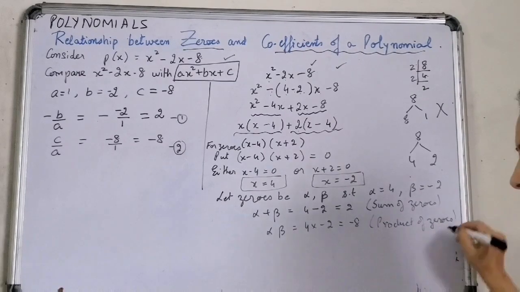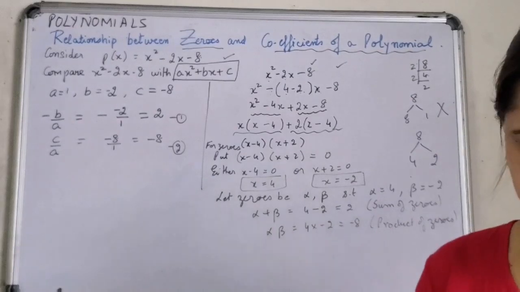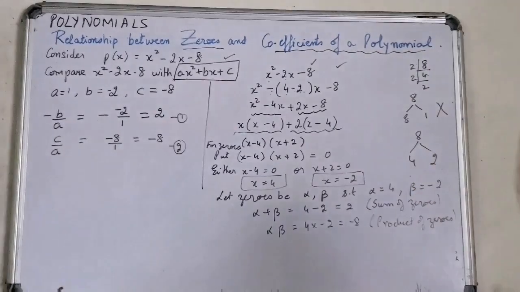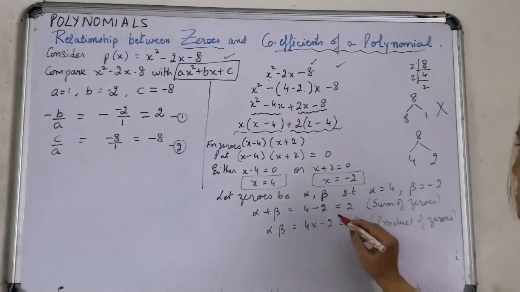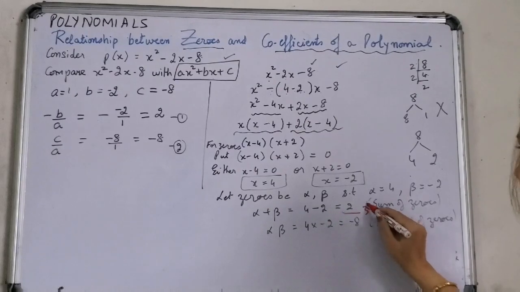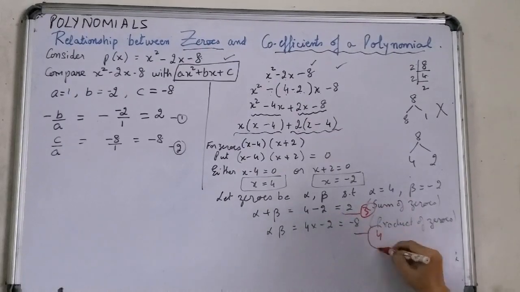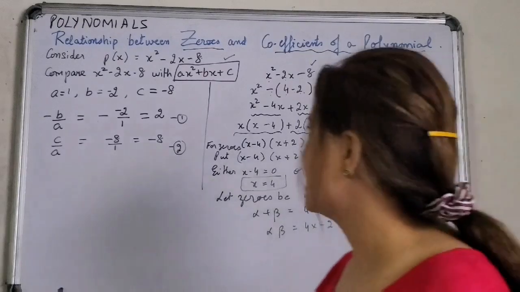Now let's observe certain results. Name this step as 3 and this step as 4. Now look at the first and the third step.